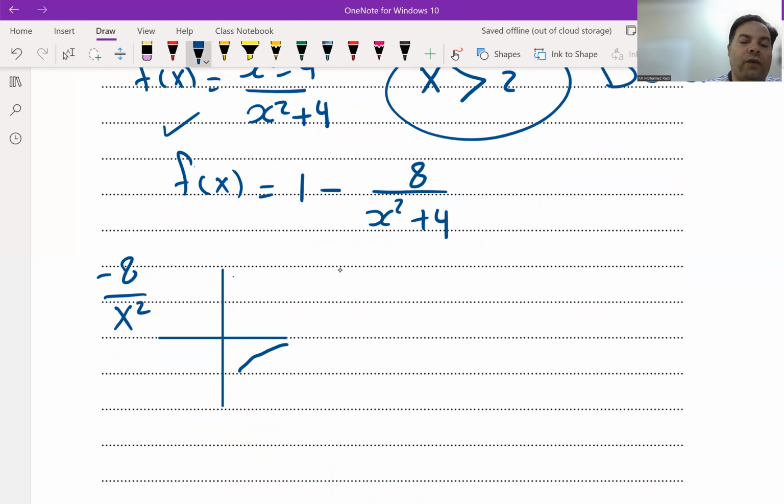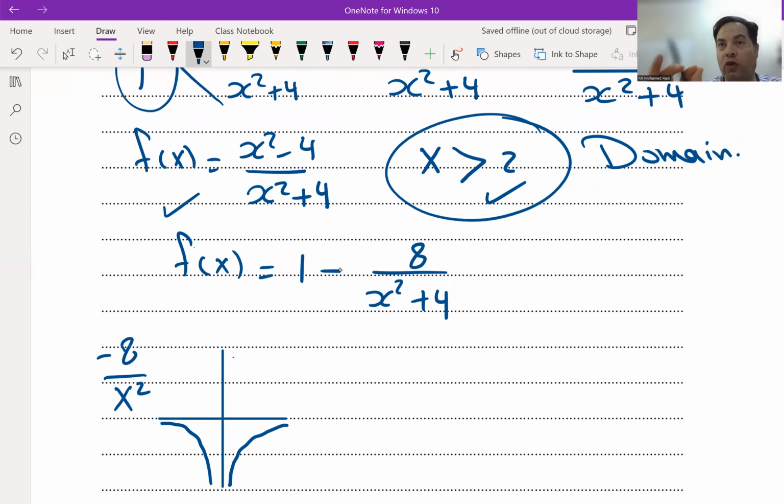Negative 1 over x squared, the graph like this, but stretched by scale factor 8 vertically. Now I will use the transformation. If the function started from negative 8 over x squared, I'm explaining this question in general without looking at the specific domain which is given.